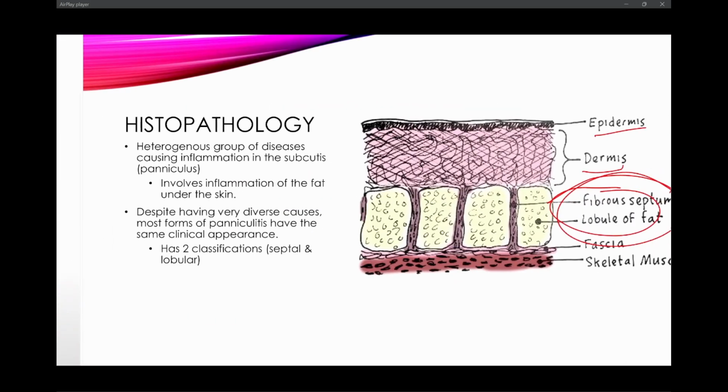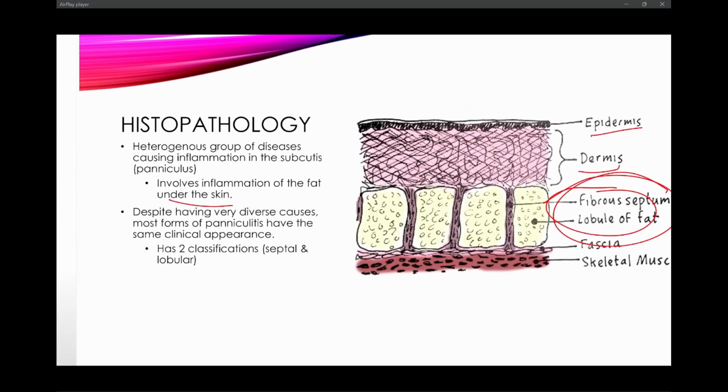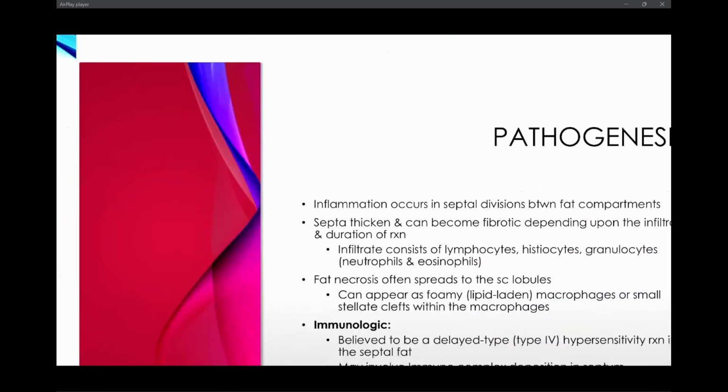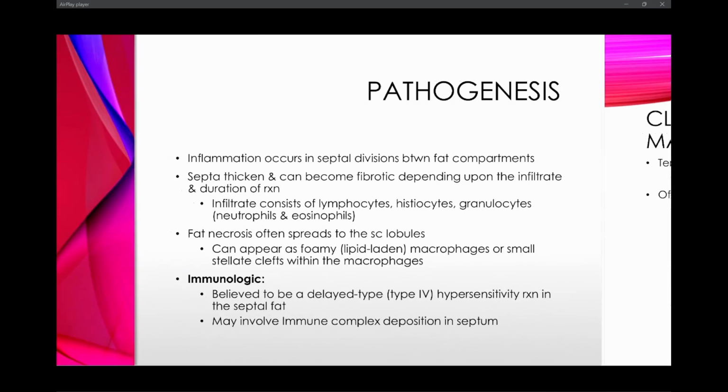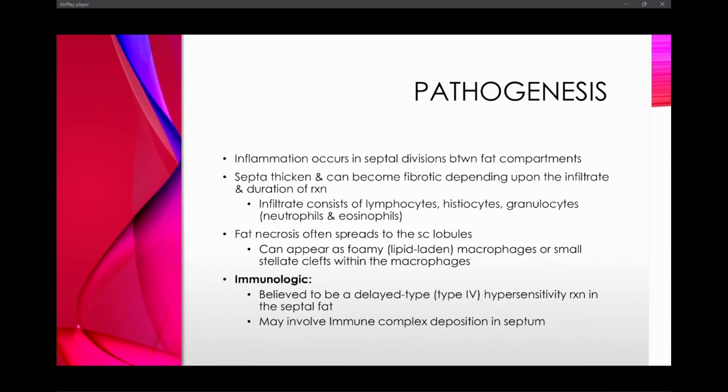Okay, inflammation of the fat under the skin, and it can be septal or lobular, meaning is it in the septum or in the actual lobe of the fat itself? Pathogenesis: septal divisions between fat compartments. The septa can thicken and become fibrotic.